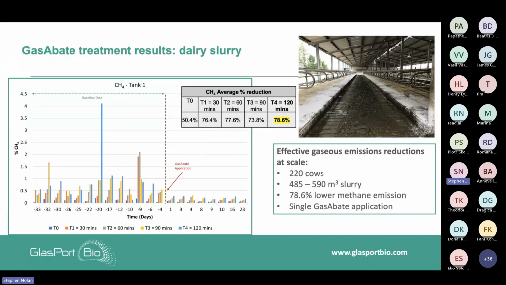So you can see here the baseline tracked before treatment, and then the application of our additive, and then substantial reduction of greenhouse gases, again, especially in methane. Again, a 78% reduction seen at full scale. This farm has 220 cows and there's about 500 meters cubed of slurry in the slatted tanks.